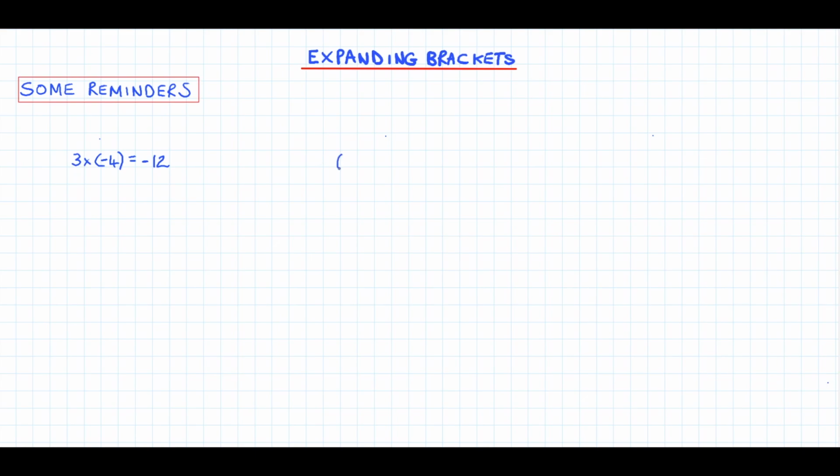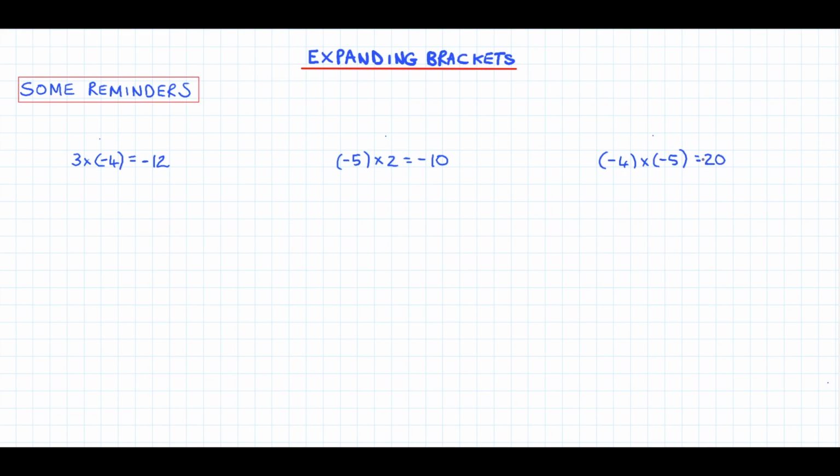If I asked you what is negative 5 times 2, would you know that that is equal to negative 10? A negative times a positive gives us a negative. And if I asked you to multiply negative 4 times negative 5, well, a negative times a negative gives us a positive. So that would be equal to 20.